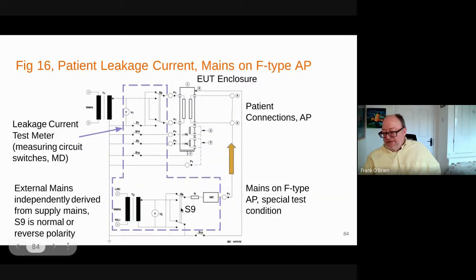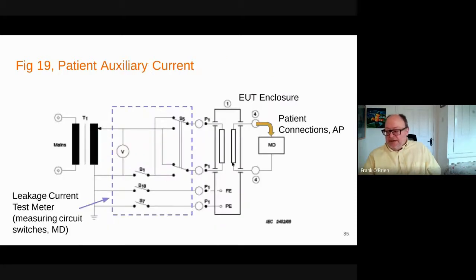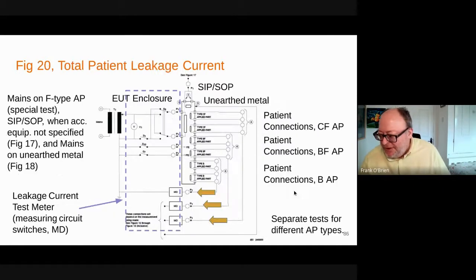So you'd have your independently derived mains, and you're going to put it on the applied part. Check your normal and single faults. Patient aux, so across your applied part, if you will. And there's an NX, is it K and maybe E, that talk about the kind of combinations you should think about.